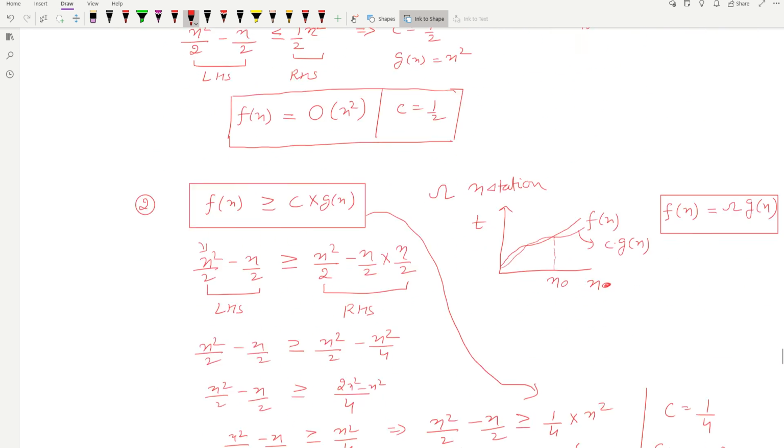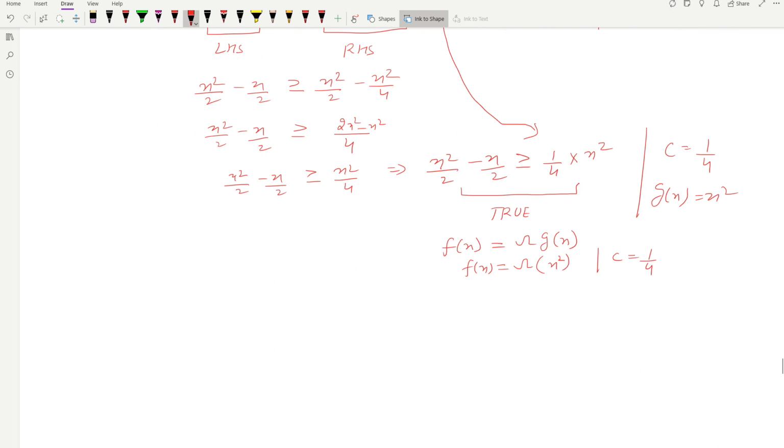So can we rewrite this function as f of n less than or equal to some constant c2 times n square, and greater than or equal to 1 by 4 times n square? So this is c1, this is c2, this is the function g of n, and this is the function g of n.